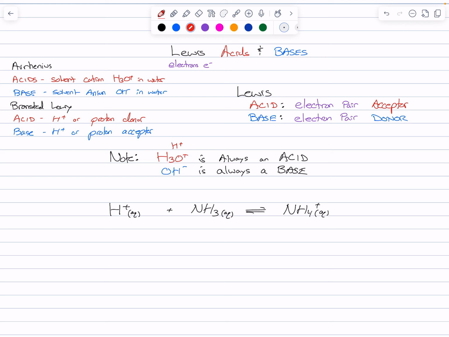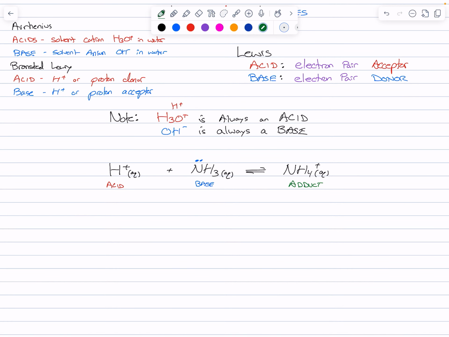H plus has no electrons, so if it has no electrons, it cannot be a base. So this is our acid. Ammonia is our base, right? It has that lone pair on the end. And NH4 plus is what we call the adduct, the product of the Lewis acid-base reaction. Very common example.